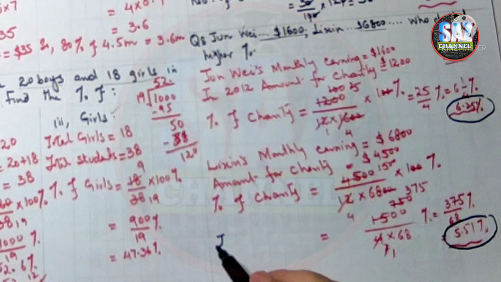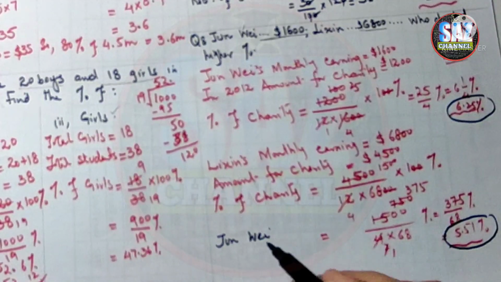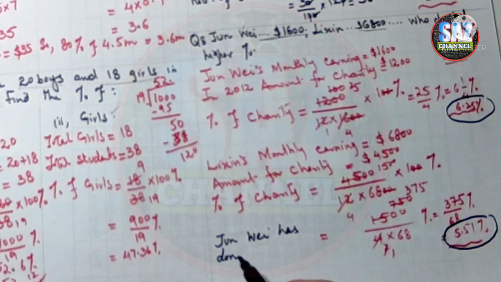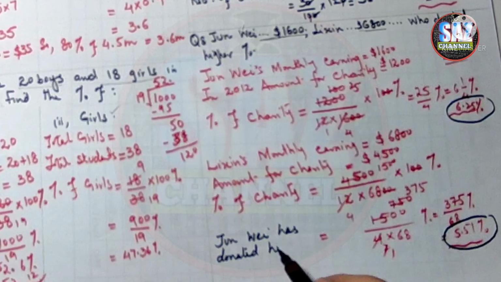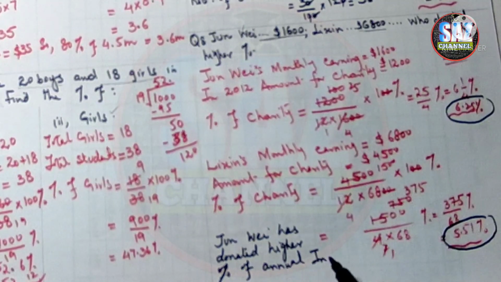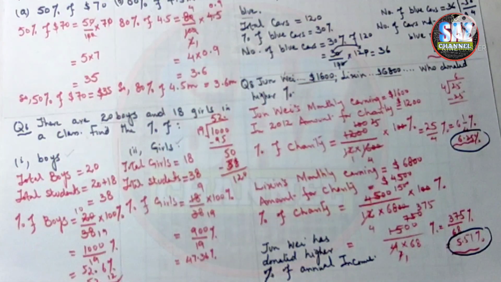Okay, Janvi has donated a higher percentage of annual income. I hope you are really clear how we are deciding who is contributing more towards some charitable organization by finding the percentages and by comparison.